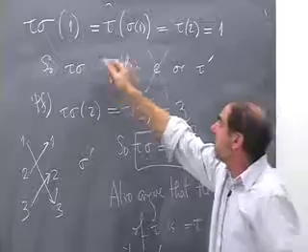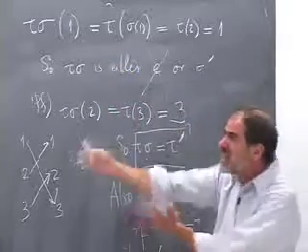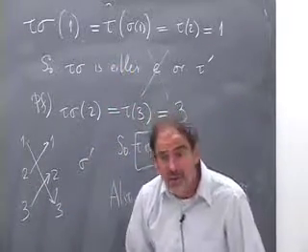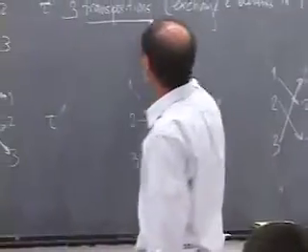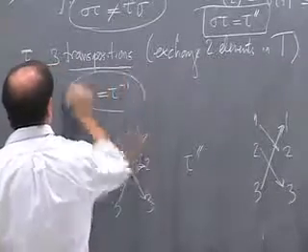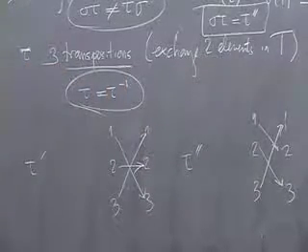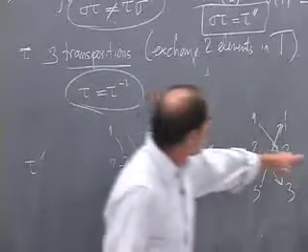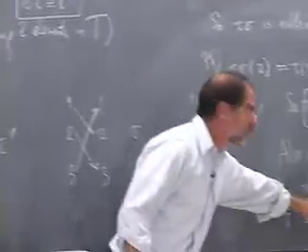If it were the identity, that would say sigma is tau inverse. But looking at them, they're not inverses of each other, because the inverse of a transposition is itself. If you have a transposition, then tau is equal to tau inverse. For all transpositions, you have that property. Whereas here, we didn't find sigma was equal to sigma inverse. Its inverse was sigma prime.